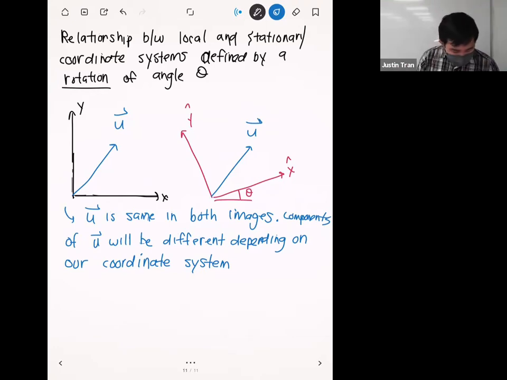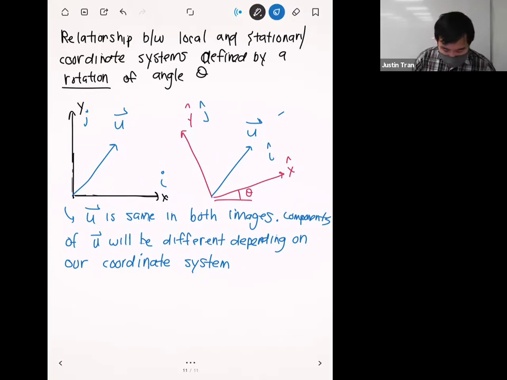In other words, if we use standard unit vectors, and we say that the unit vector in the stationary x direction is i, and the unit vector in the stationary y direction is j, and the unit vector in the local x direction we'll call i hat, and the unit vector in the local y direction we'll call j hat.